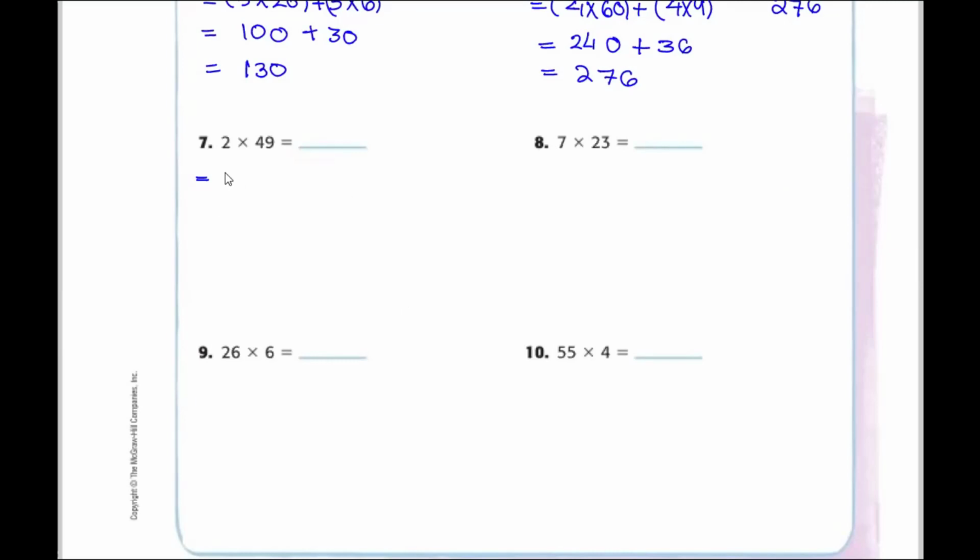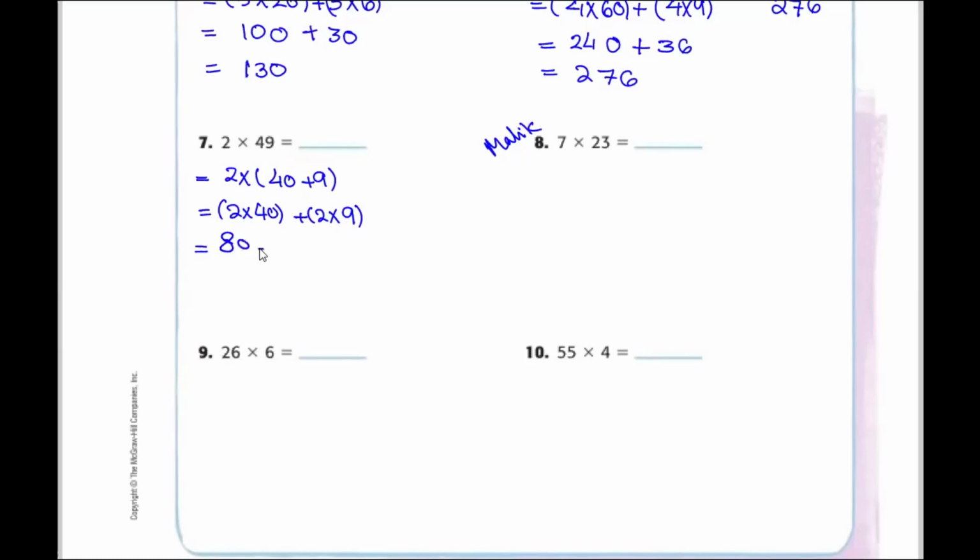2 multiply the bracket 40 plus 9. Then the bracket 2 multiply by 40 plus 2 times 9. 2 times 40 equals? 2 and put 0 down. 2 times 4 equals 8.